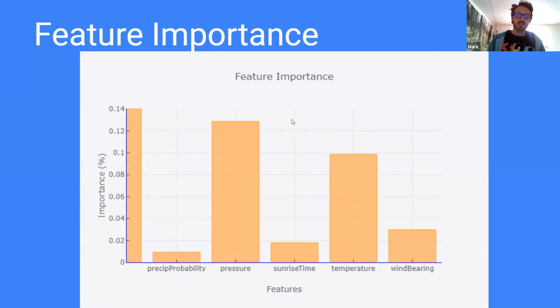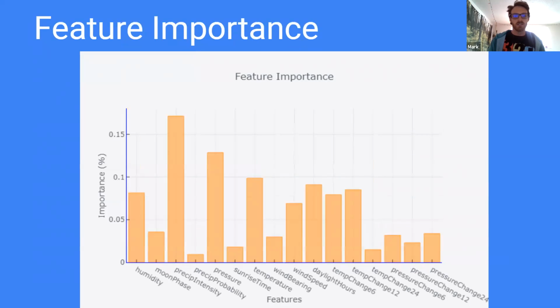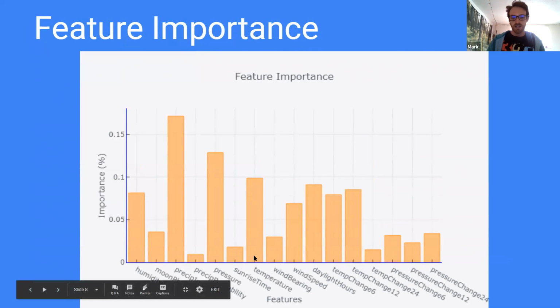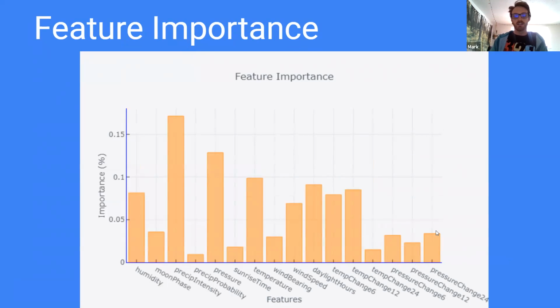This tells us what is informing the final decision almost at a percentage rate, although it's not quite that simple. And these are all the features I ended up using. For these last ones over here, we found that pressure and temperature were really relevant, so we created a few more features to track the change in those, and they pay off a little bit, it sure looks like.